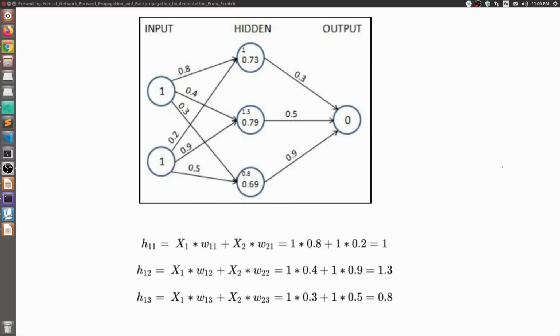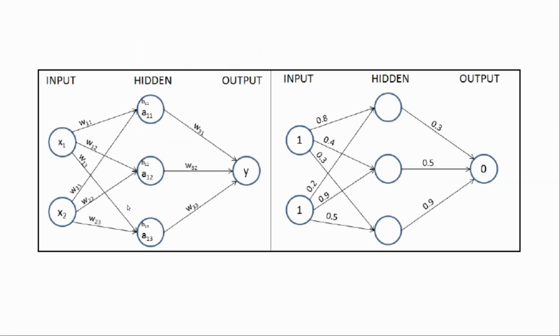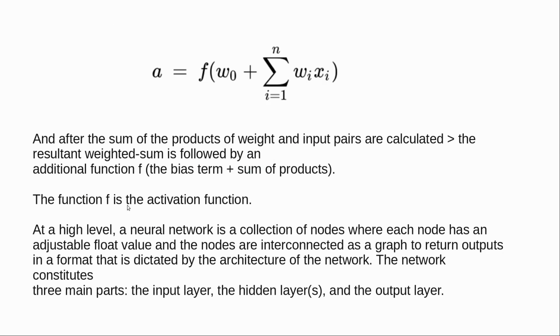Now the concept of the activation function, and how the output from the hidden layer is calculated. Remember, we already discussed this concept of the activation function. After the sum of the products, or the weighted sum, is calculated, that is passed through an activation function.